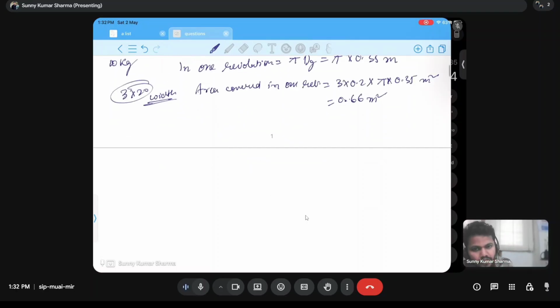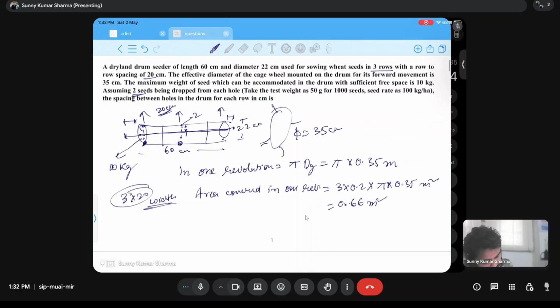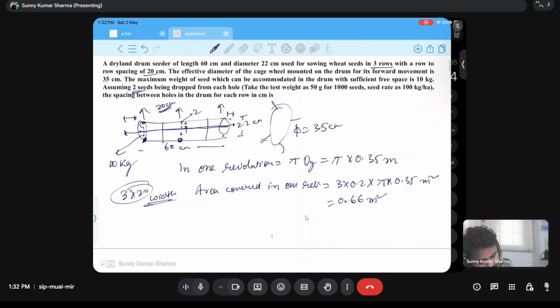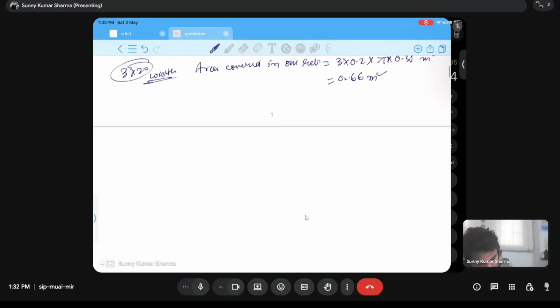For that, we need to know the area being covered, and we need to know the seed rate. Here the seed rate is 100 kg per hectare. So 100 kg is being dropped in 1 hectare, which means 10,000 meter square.